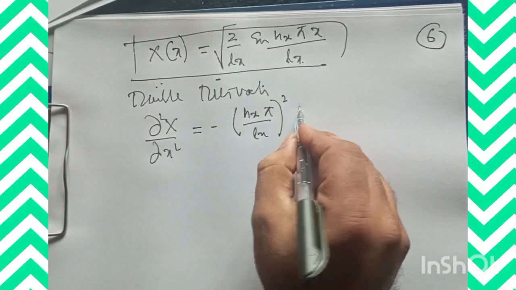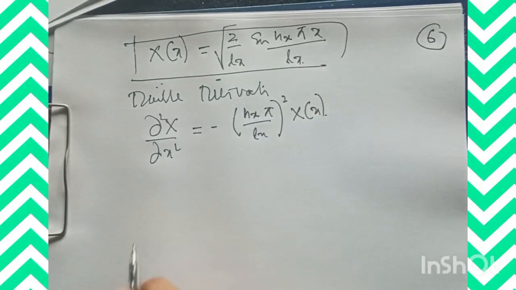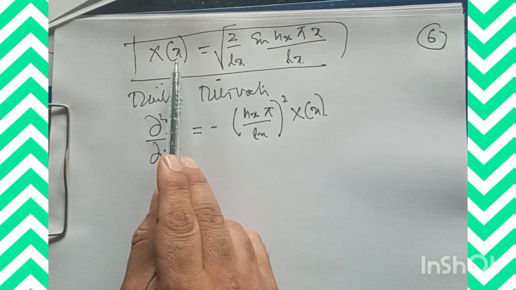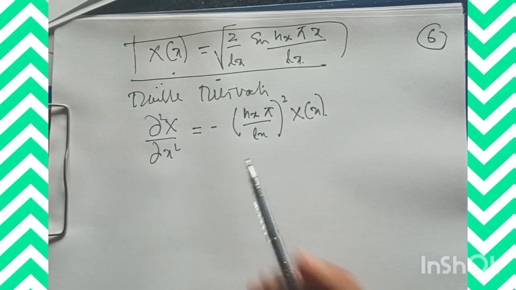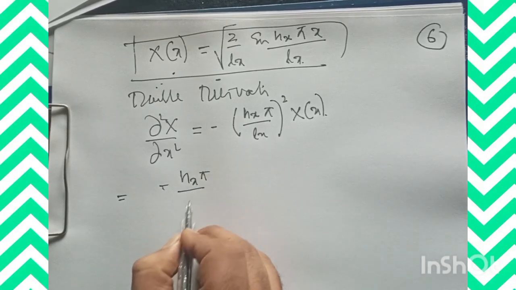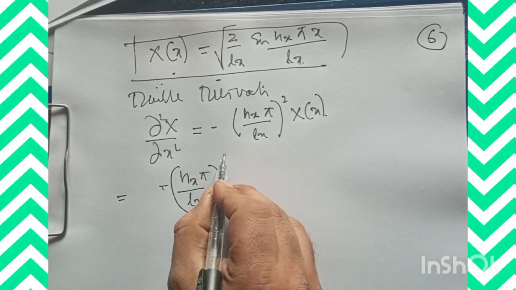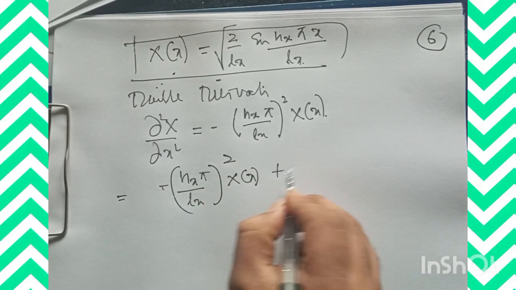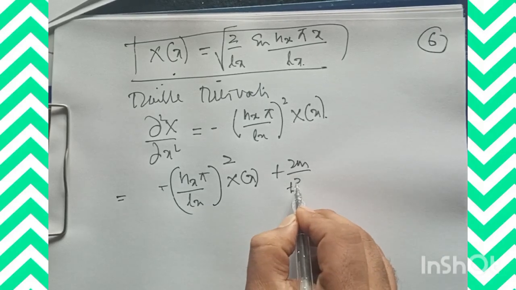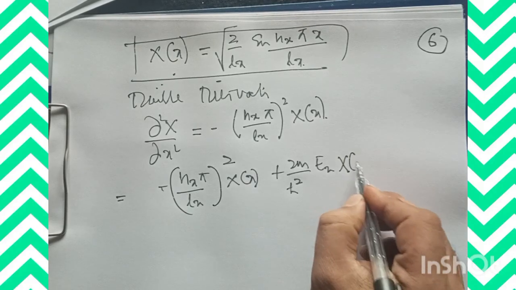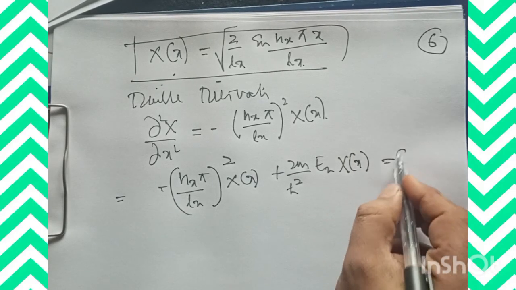If I use this double derivative in the original equation, I get minus (nx pi by Lx) whole square X(x), plus 2m by h cross square Ex X(x), again equal to 0.